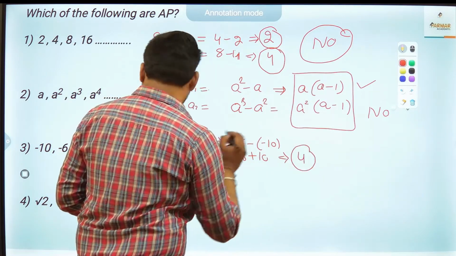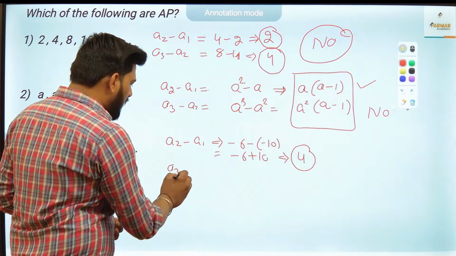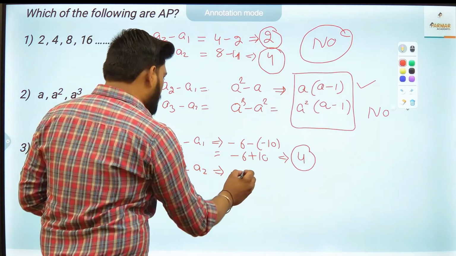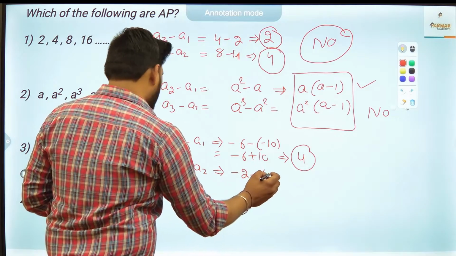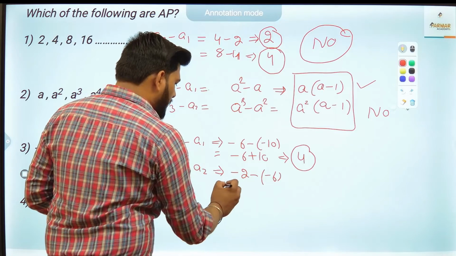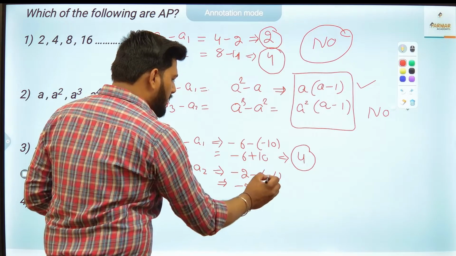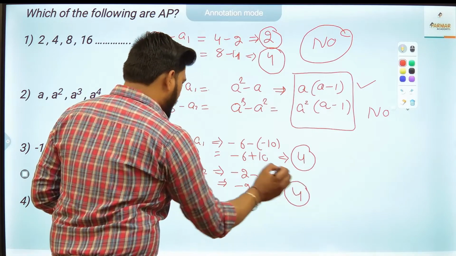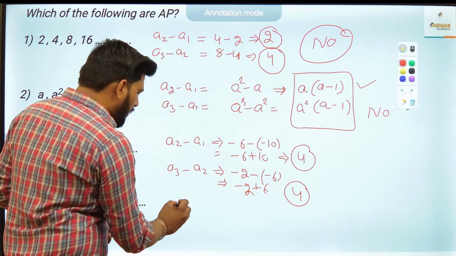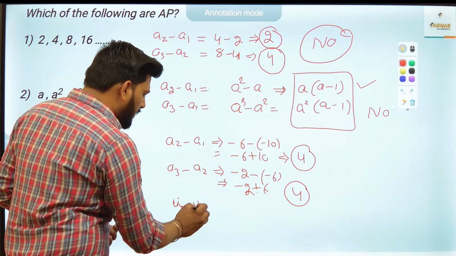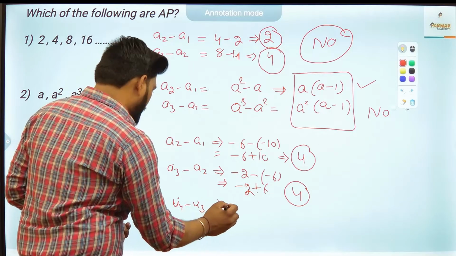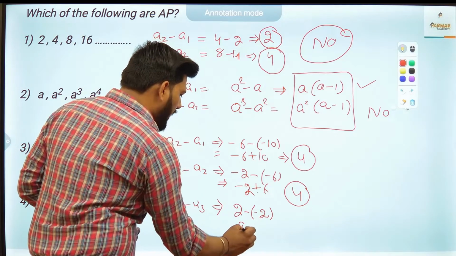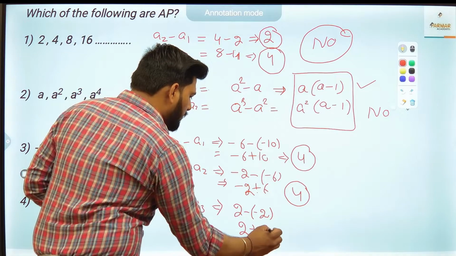The difference between the third term and the second term is minus 2 minus minus 6, which is minus 2 plus 6, and the answer is again 4. And the difference between the fourth term and the third term is 2 minus minus 2. After calculation we get 4.